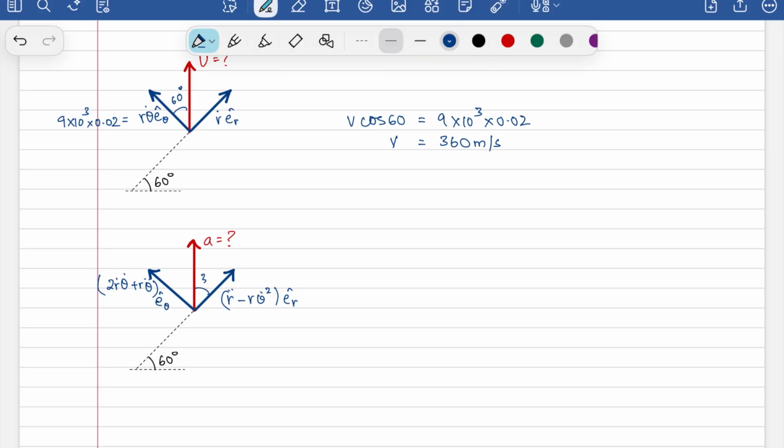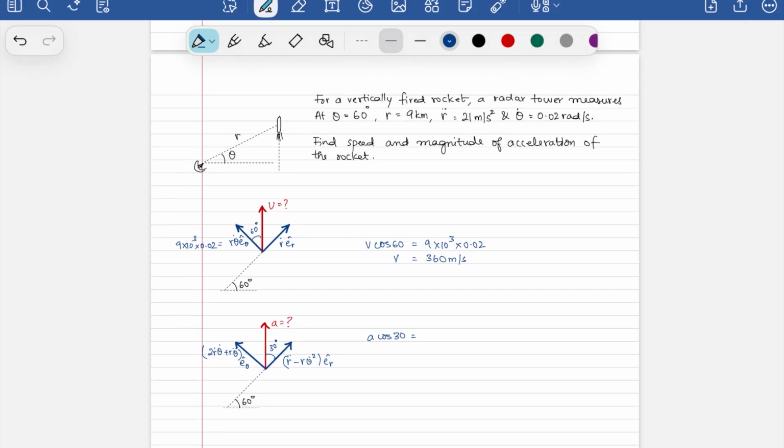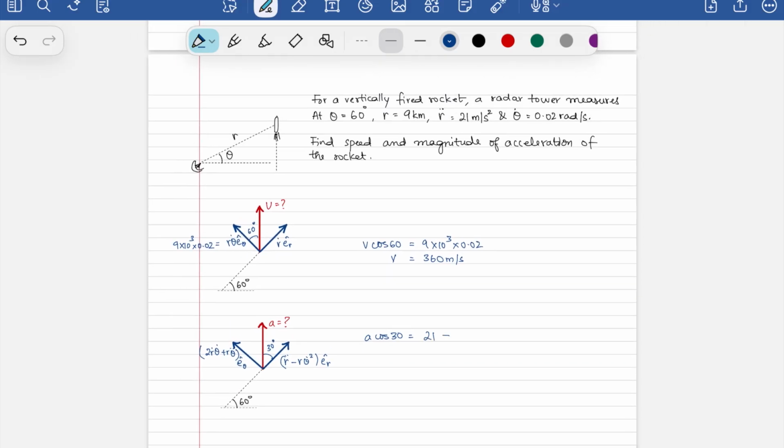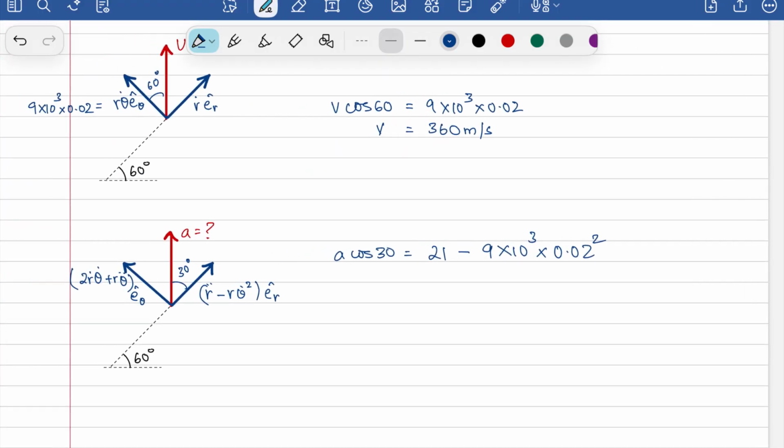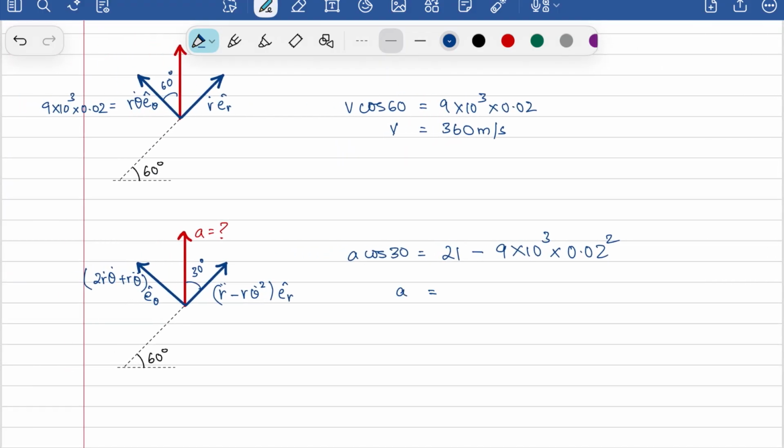So this one has to be 30 degrees, which now means that A cos 30 is equal to r double dot minus r theta dot squared, which is 21 minus r being 9 kilometers, theta dot is 0.02, the whole square. This gives you acceleration A is equal to, and you now divide the right side by cos 30, and you should get 20.1 meters per second square.